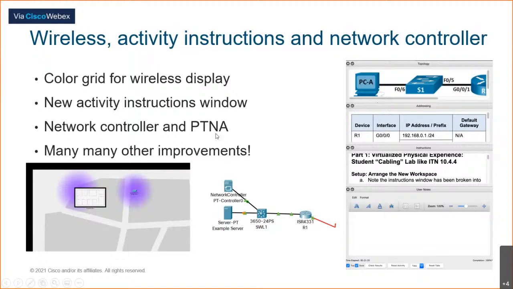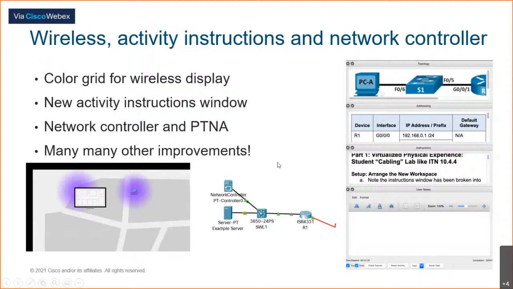Also, network controller and PTNA. This functionality of PTNA now came into the general release of Packet Tracer, and while it was even before available in the special version of Packet Tracer inside the DevNet Associate VM, now it is available in the general Packet Tracer with even some enhancements.